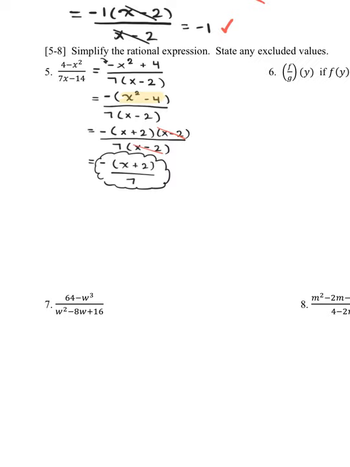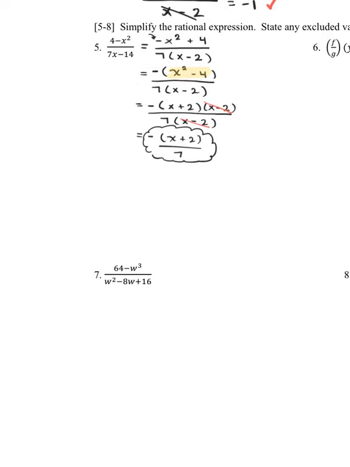And now let's go ahead and do excluded values. So I'm going to take that original factored denominator, so right back there, and then set that equal to 0. So when I go ahead and do that, I don't need to solve this, right? Because 7 can't equal 0, so nothing to solve there.